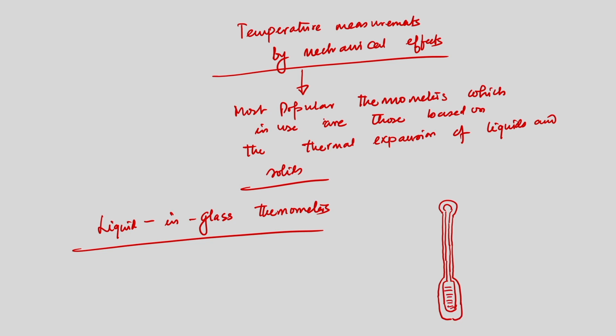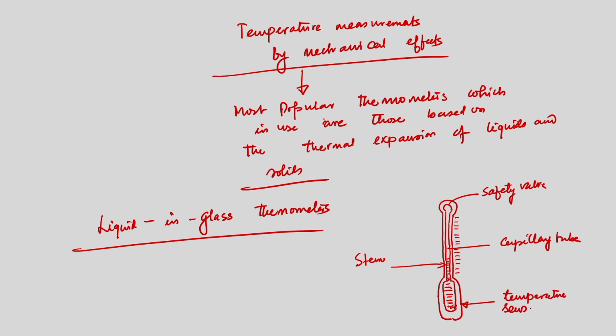Now this is the liquid, and we have a scale, and this is the safety valve, this is the capillary tube, this is the stem, right, and this is the temperature sensing valve. That is what we have studied.